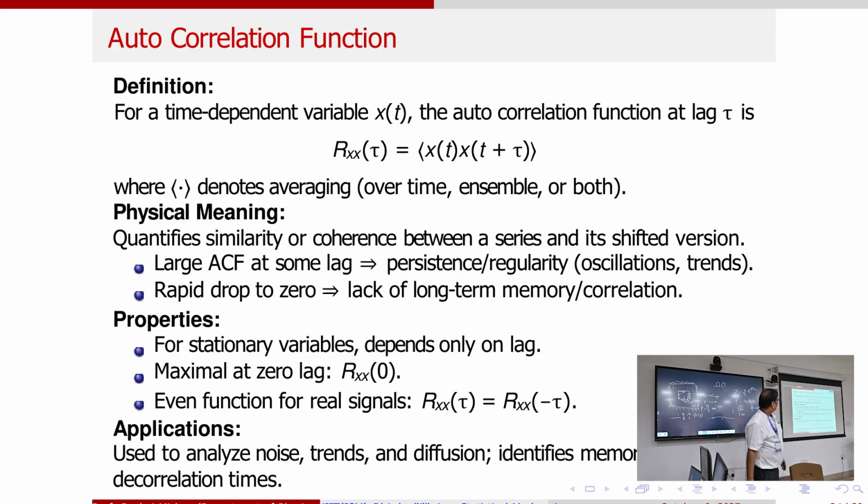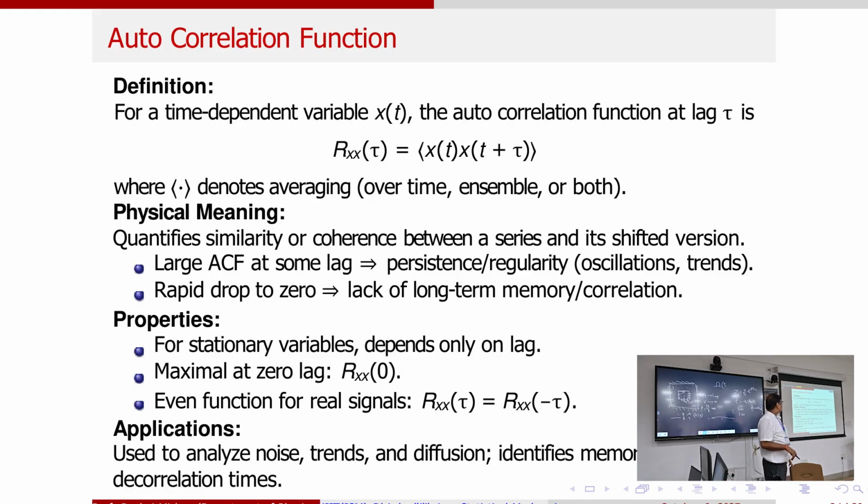So these are some of the definitions I wanted to tell you, but I think I have taken lots of time. Autocorrelation function. Simply, I can just tell you the definition. If you take any time dependent variable, the autocorrelation function is defined as its value at a particular time multiplied by the value of the same variable after a certain amount of time, and then taking its ensemble average.